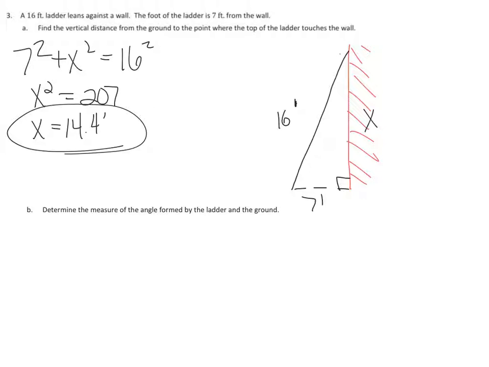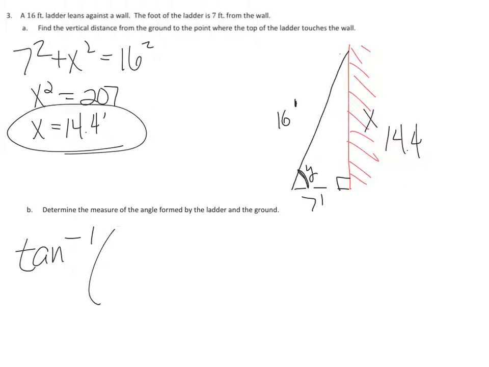Determine the measure of the angle formed by the ladder and the ground. So I think we want this value right here. We'll call that y. And it doesn't matter what numbers I use now. I can use anything. I'm going to go ahead and use tangent. I don't know why, tangent gets left out a lot.